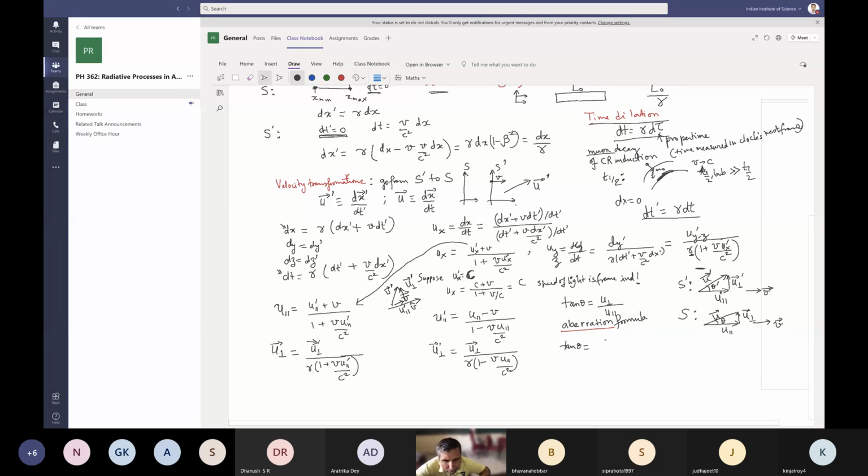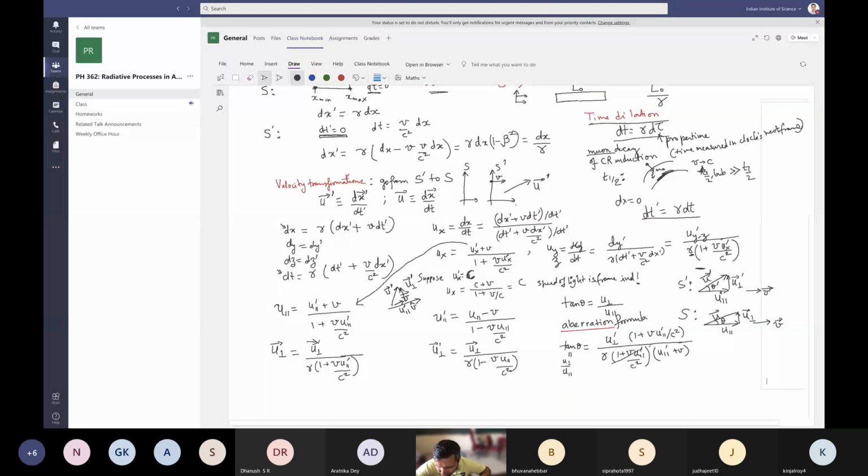So this is equal to u perp prime divided by gamma, 1 plus v u parallel prime by c squared, divided by u parallel prime plus v, and in the numerator we have the same factor, 1 plus v u parallel prime by c squared.